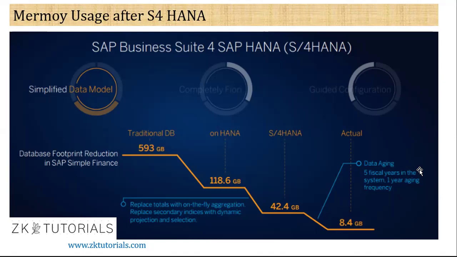But how much were we giving previously, before 2015? It was 593 GB. Look how much it has reduced. Here I have just used one word, data aging: with the data aging concepts, it reduced the memory to 8.4 gigs of primary memory actually required to store the data.